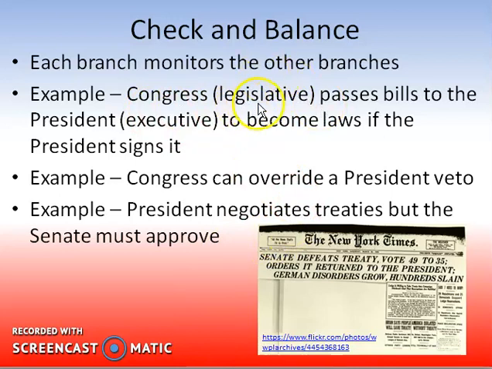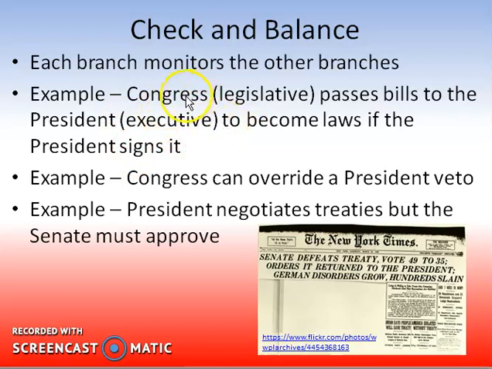Like Congress, our legislative branch, they create bills and pass those bills to the president. His or her role as the chief law enforcer or the chief legislative leader is to go ahead and sign those bills into law. Once they become law, it's the president's job to enforce it.